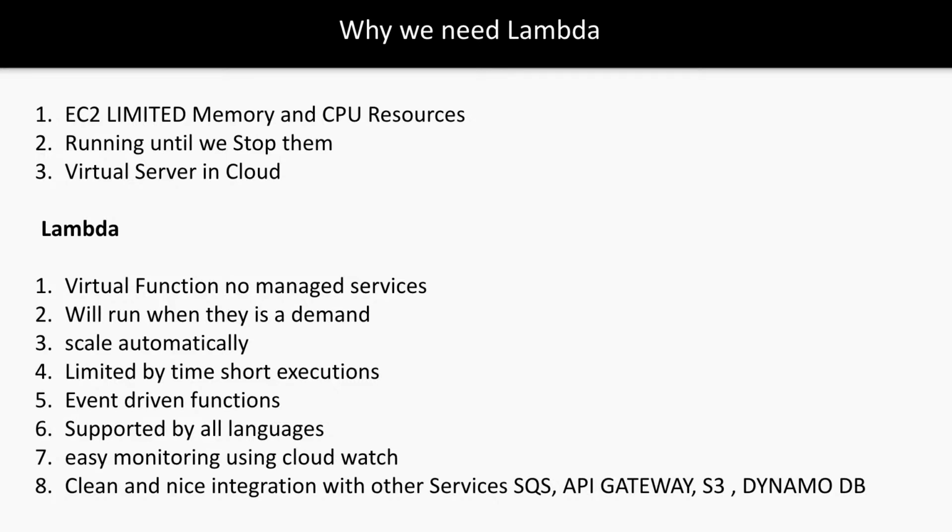There are particular use cases, okay, when you don't want to manage the infrastructure, then you should go to serverless. When your application is not running 24/7 and consuming resources, then you should go for serverless. I mean, I'm writing some service which will run once in a day or once in a week. It's like a batch job, right?